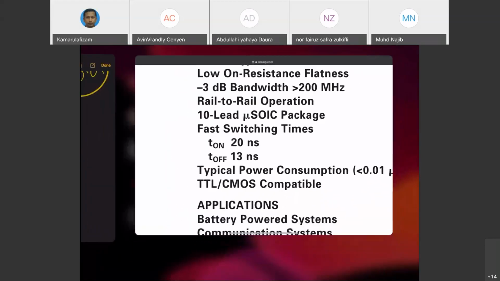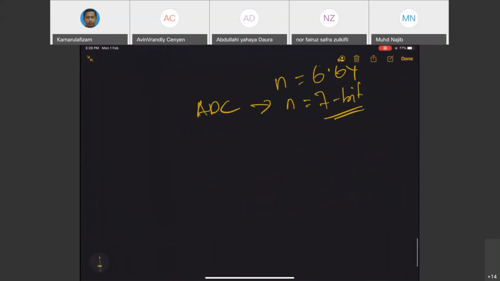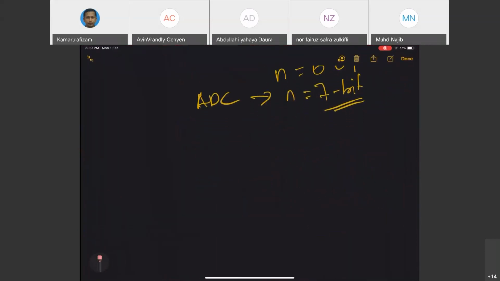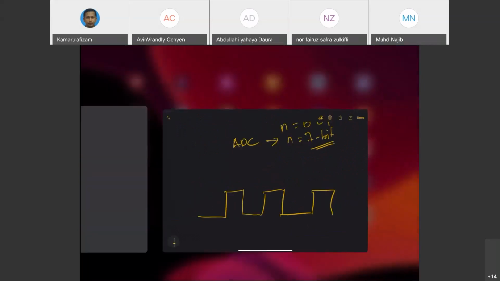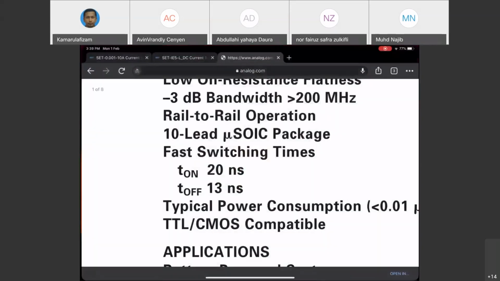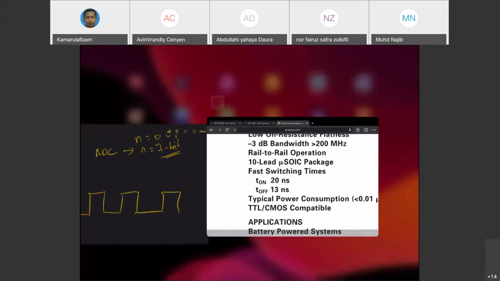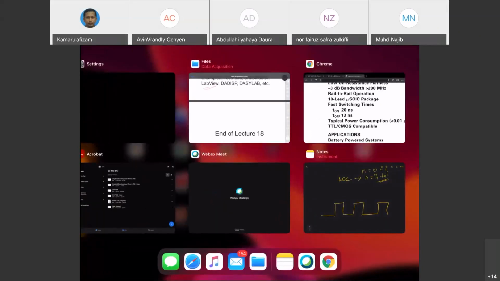All right. So in this case, you have this kind of pass for this multiplexer. So you say just now they have 20 nanosecond on, 30 nanosecond off.